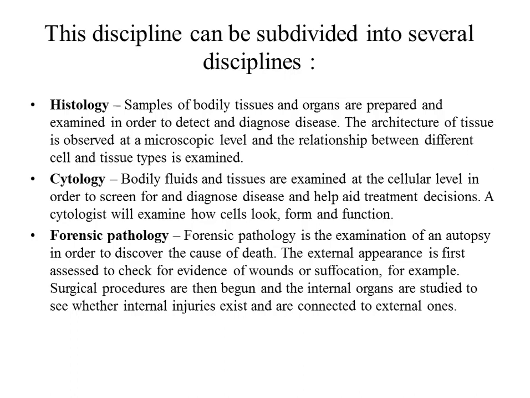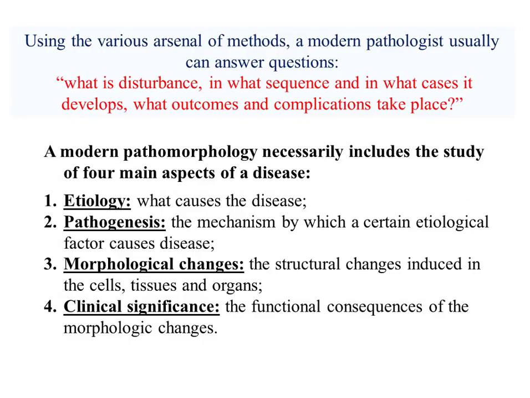Surgical procedures are then begun and the internal organs are studied to see whether internal injuries exist and are connected to the external ones. Using a various arsenal of methods, a modern pathologist usually can answer the question: what is the disturbance, in what sequence and in what cases it developed, what outcome and complication take place.